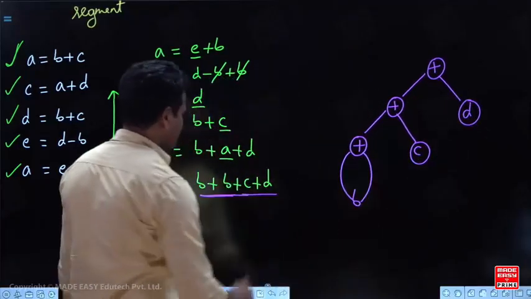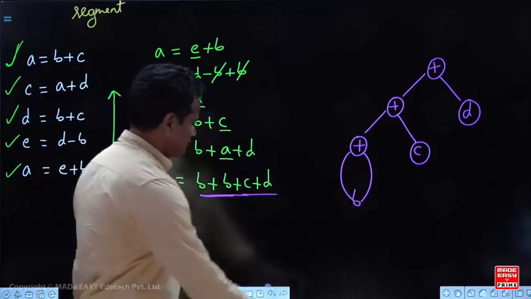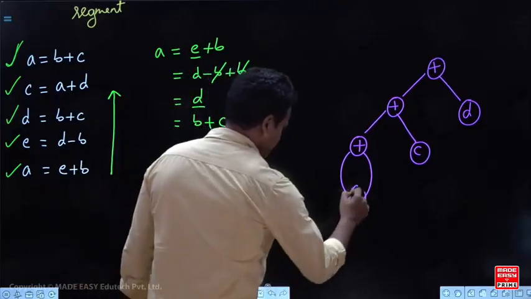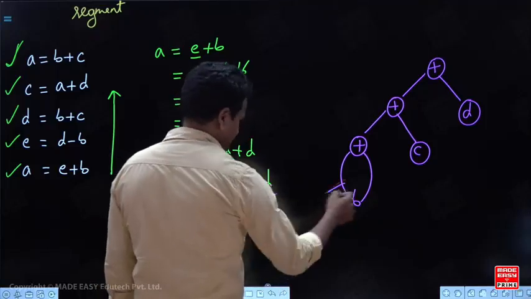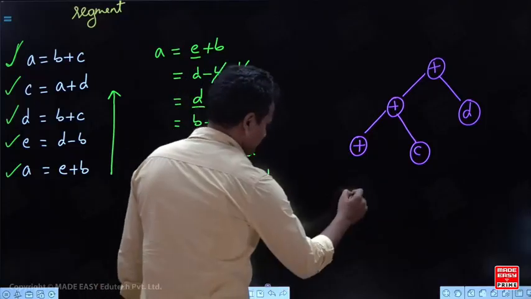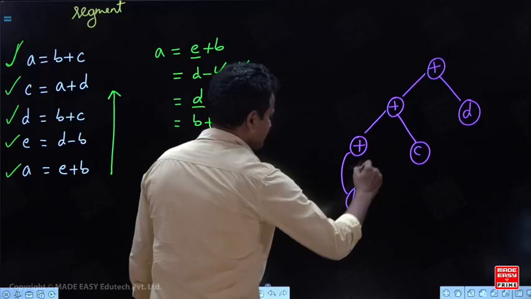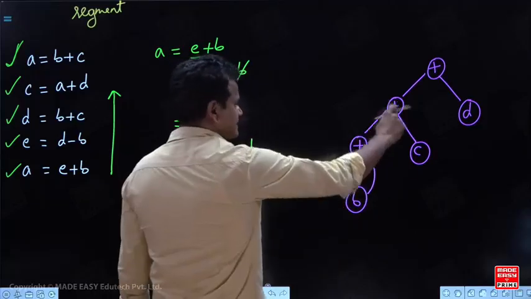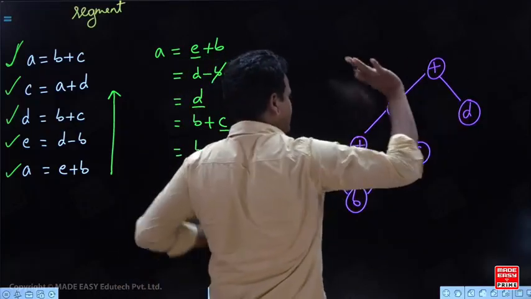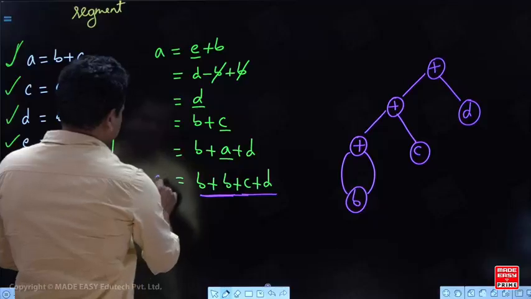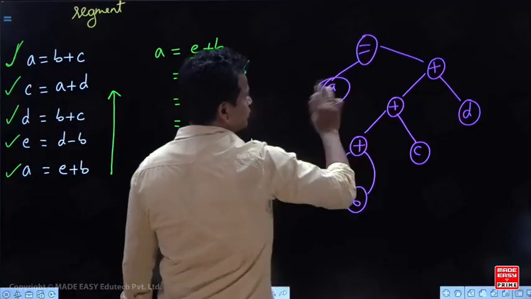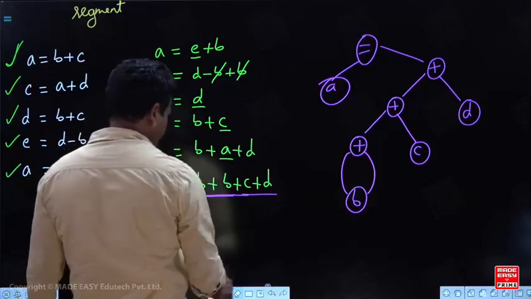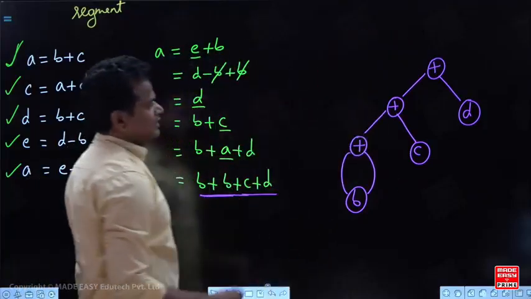Okay, and this is done. So this is B plus B plus C plus D. That's it. Again, you don't take star. I will write A equal to this one. No, don't write this one. So this is the final.